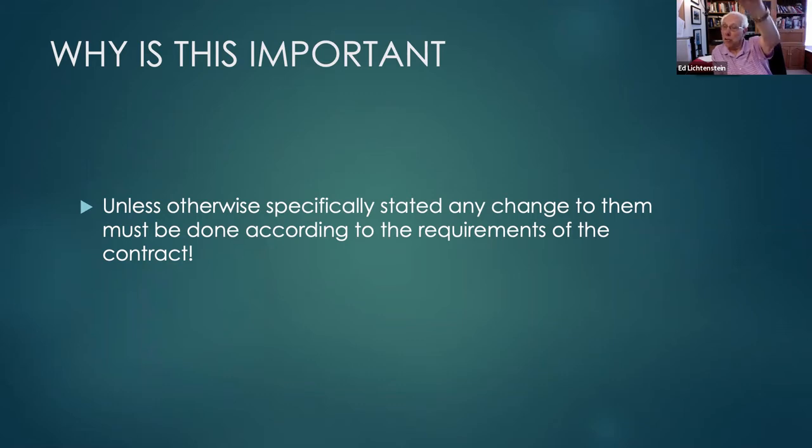The contractor is going to look to make a change for you and charge you for the change. The contract should say how that change is going to be done, how it's going to be priced, how it will affect schedule, how it's going to affect your terms of payment.